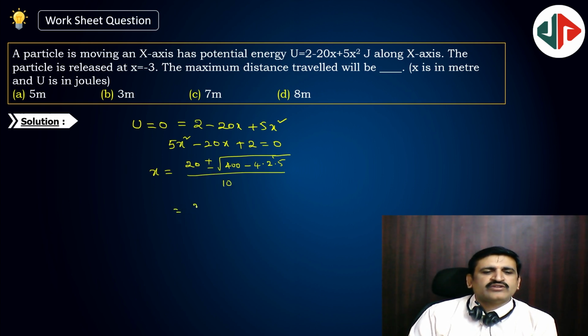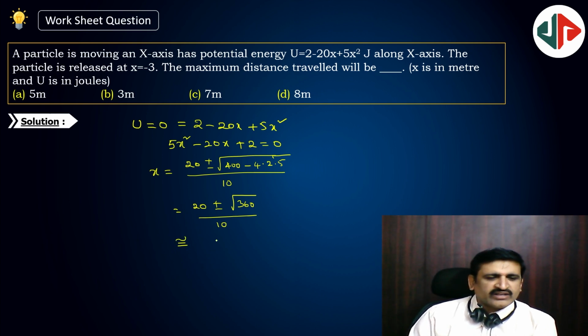That is equal to 20 plus or minus square root of 400 minus 2 5s are 10, 40. 400 minus 40, 360. 360 by 10, so 6 6s are 36, so root 10 will be there. So it is roughly coming as 3.9. Yes, 3.9 is correct. X is equal to 3.9.